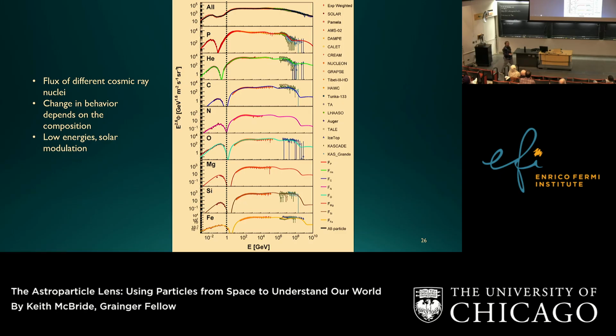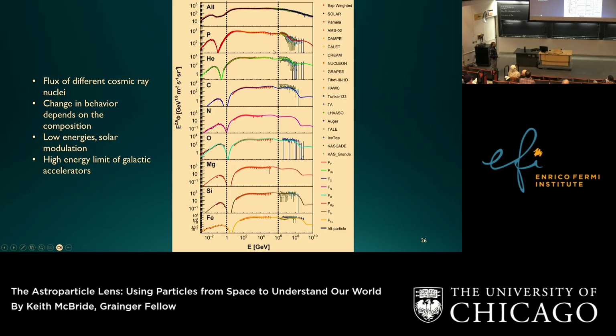This is evidence of solar modulation depending on the actual charge of the nucleus and maybe even the number of neutrons in the nucleus. And at the higher energies, I've drawn another vertical dashed line, you can see that behavior extending further for iron versus protons, right, and in between.